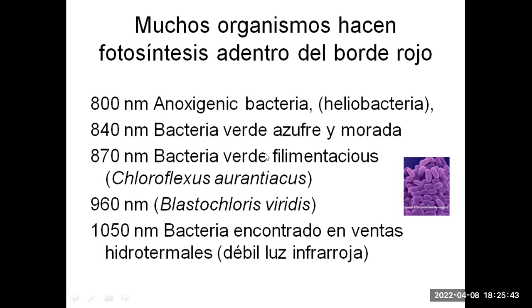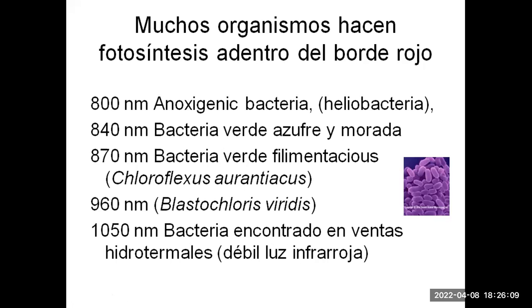And this filamentous green bacteria absorbs at 870 nanometers, which is into the infrared. And this bacteria absorbs at 960, and then we have even bacteria which absorb at 1000 nanometers and do their photosynthesis using this wavelength region.